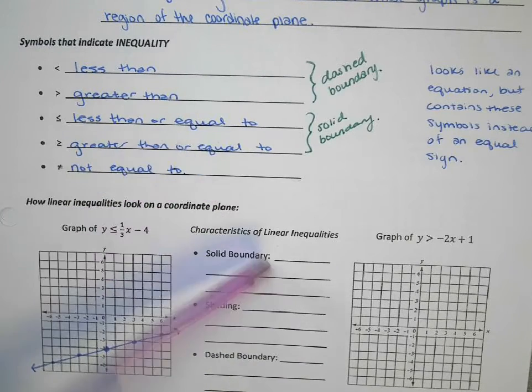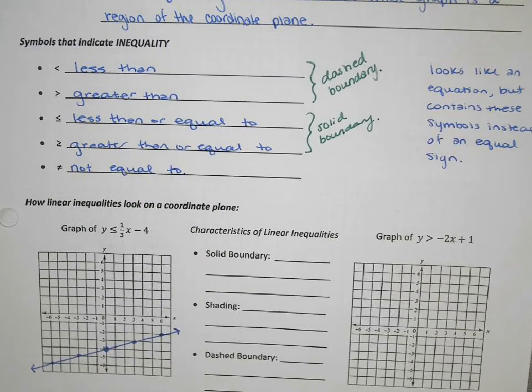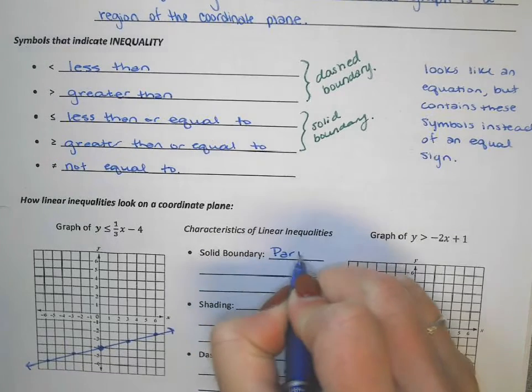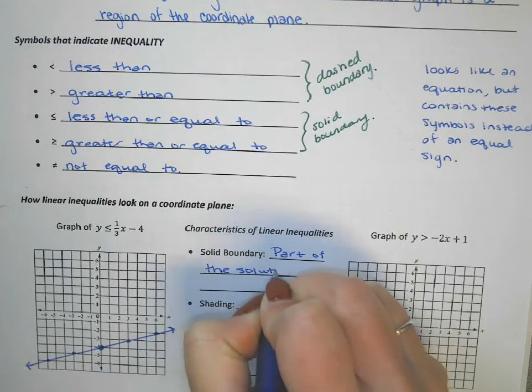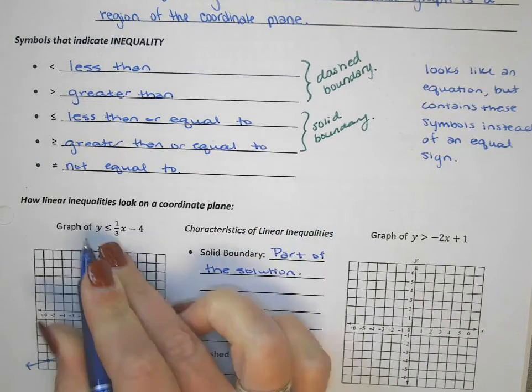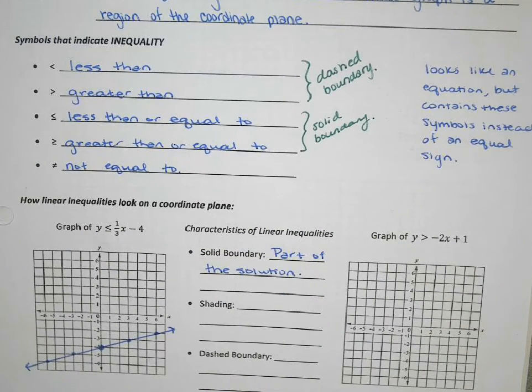So we have a solid boundary line. The solid boundary is part of the solution. So any point on here, if you were to plug it in, that inequality would be true, and it is part of the solution.